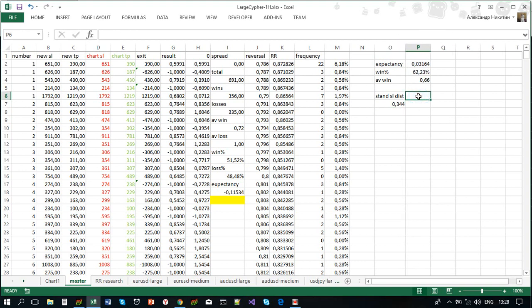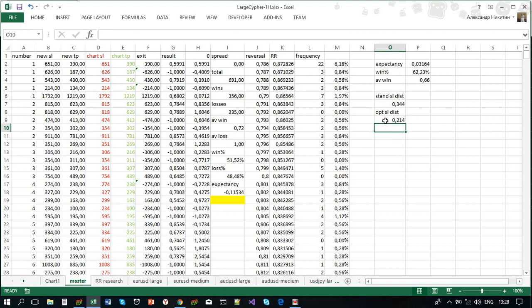And optimized stop loss, let me type it here. Optimized stop loss distance, if I place the stop loss at exactly 1, it equals 1 minus 0.786. Or once again, it equals... Perfect. So this is 0.214.